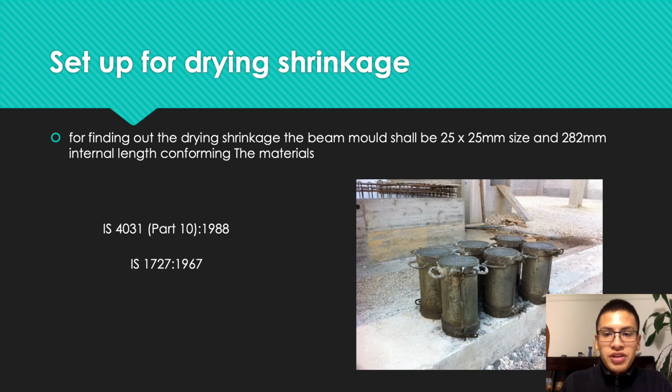At this point, we talk about the preparation for drying shrinkage, where the greatest factor that will affect it will be the loss of humidity. This study is made from the ES 4031 and the ES 1720 standard.